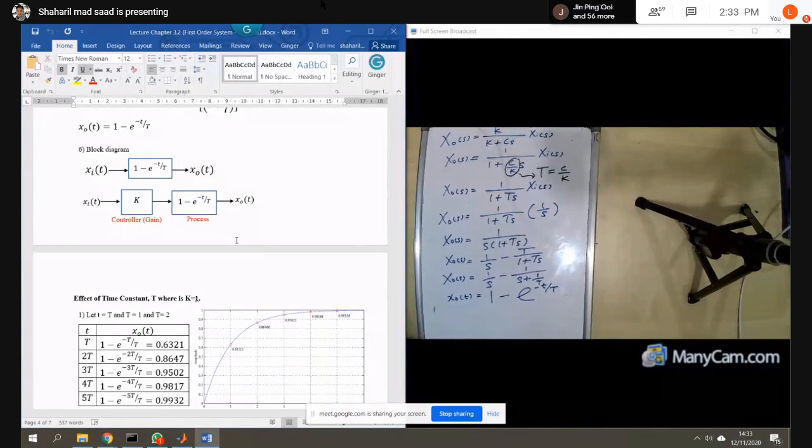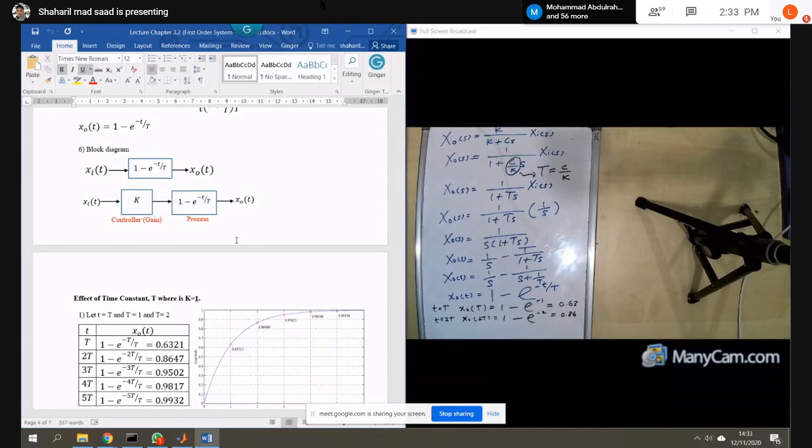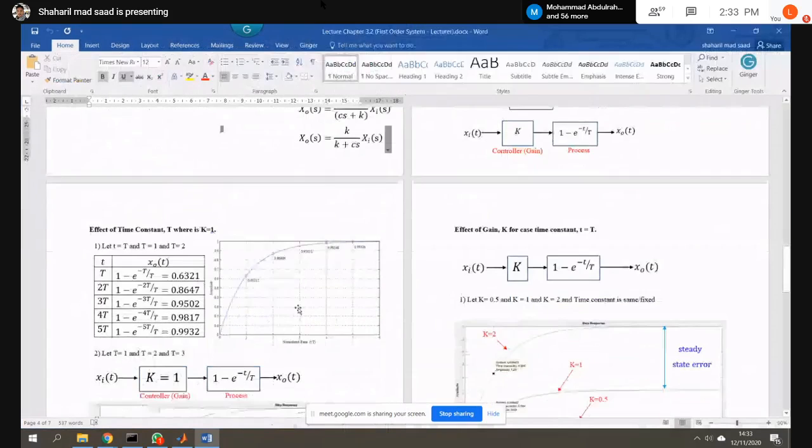When you try to plot the graph for this equation, you can apply t equal to T. You will get 1 minus e to the minus t over T, which is minus 1, so you get 0.63 something. Then when t equal to 2T, you get 1 minus e to the minus 2, which is about 0.86. When you plot the graph, you get this kind of graph.